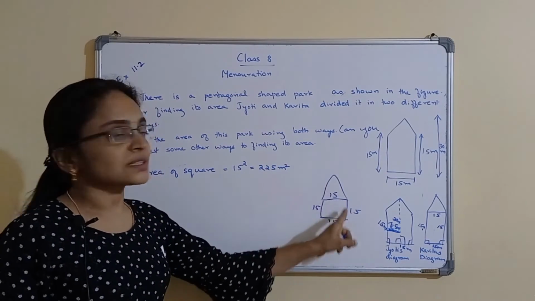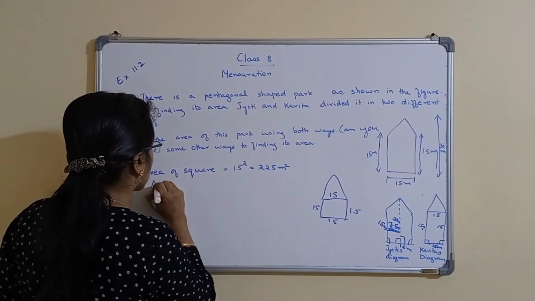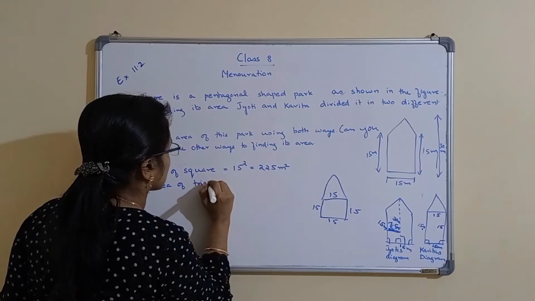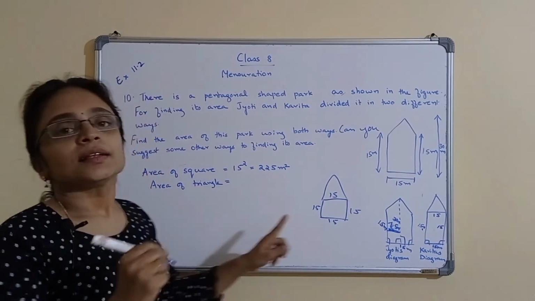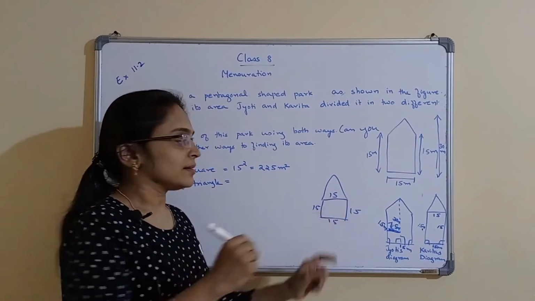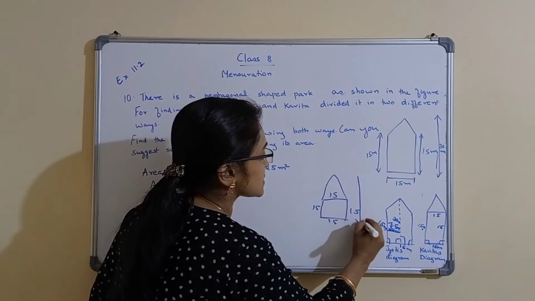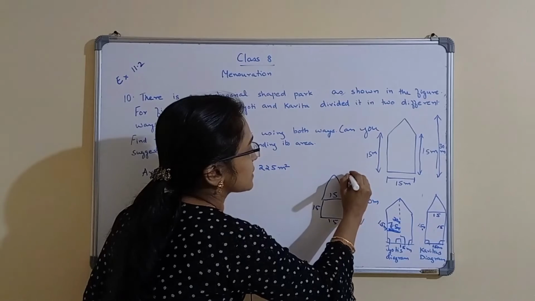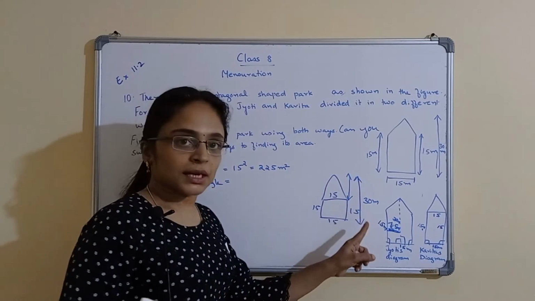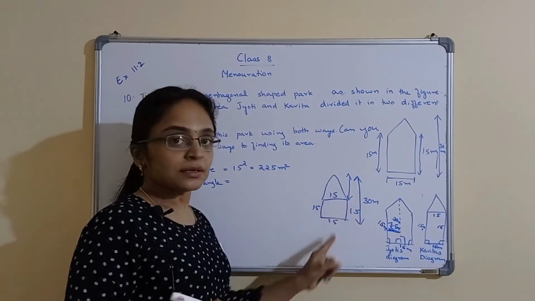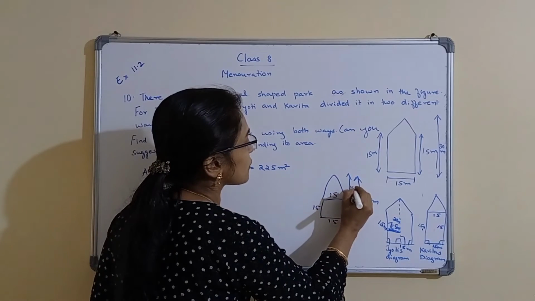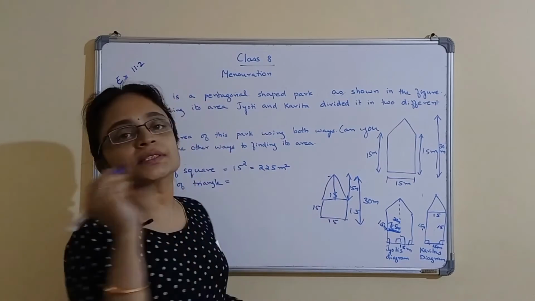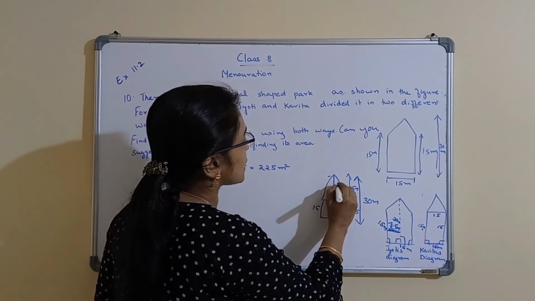Now, area of this triangle. Here, this is the base of the triangle and this full length is given as 30 meter. So, what will be this length? It will be 30 minus this 15, right? So, this length will be 15 meter. So, the height of this triangle will be 15 meter.